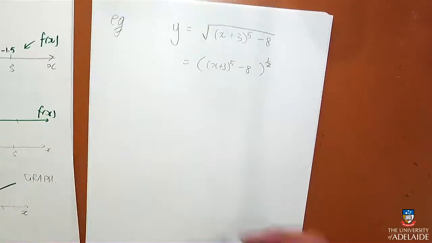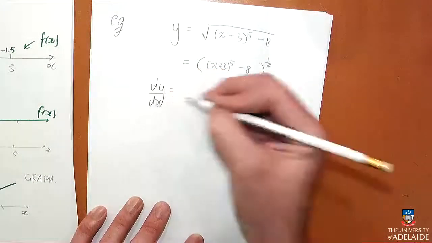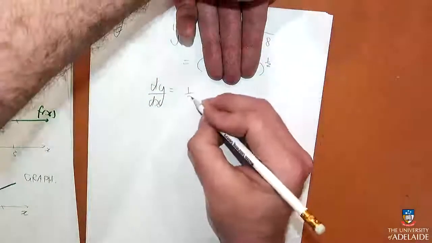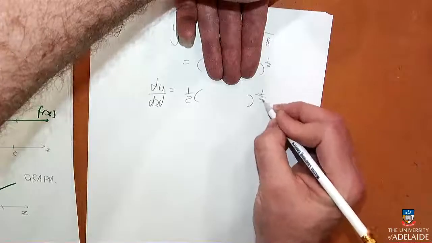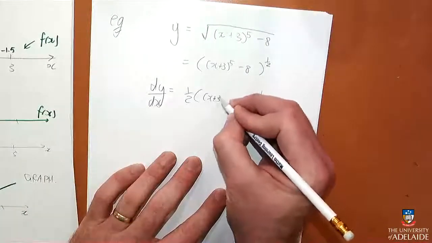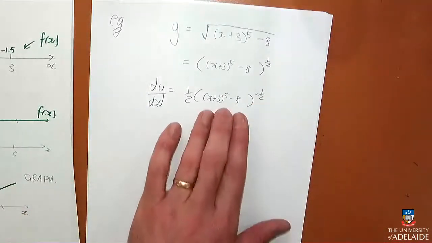Okay, so according to the chain rule, I can differentiate this as if it was an x. So it will become a half of thing to the minus a half. But the thing is x plus 3 to the 5 minus 8. And now I can just ignore everything else and focus on just this bit.